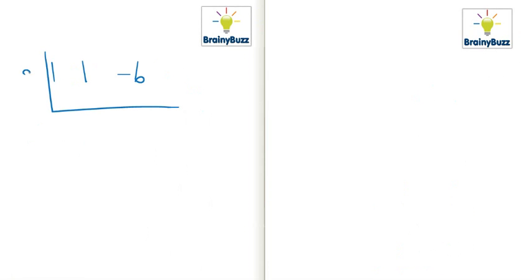Let us try 2. 0, same process, 1, here 1. 1 into 2, 2. Or 2 plus 1, 3. 3 twos are 6, 0. That means now x plus 3.